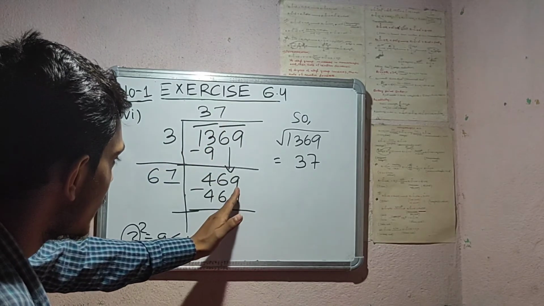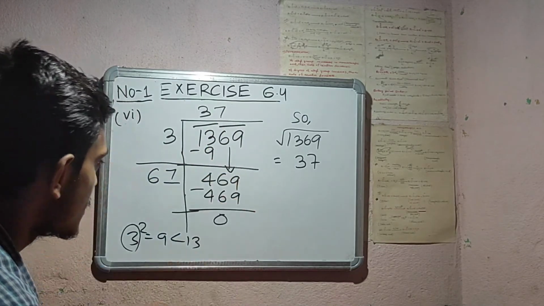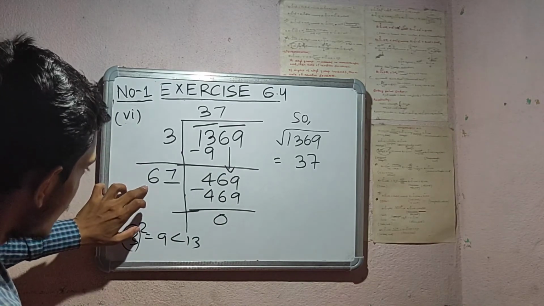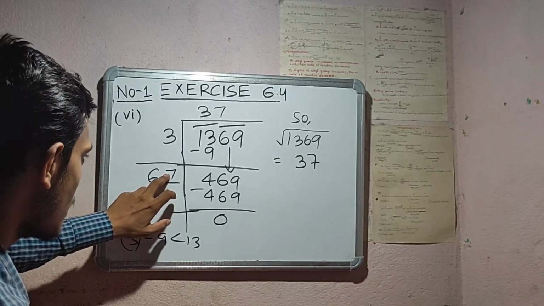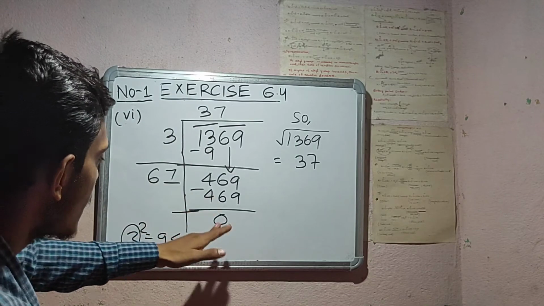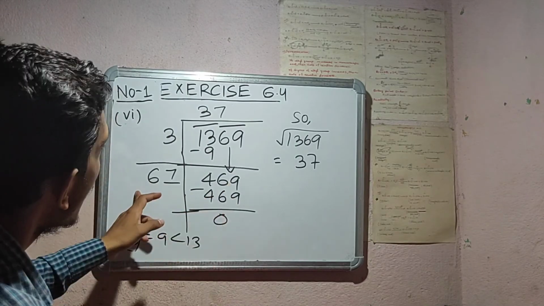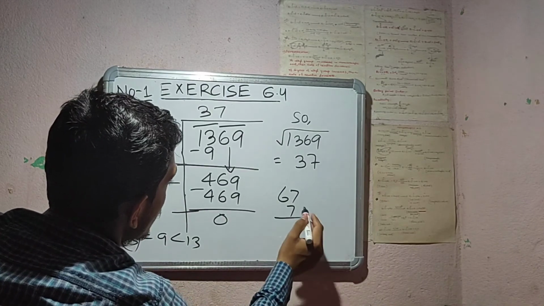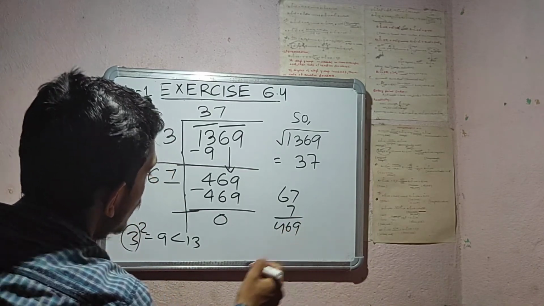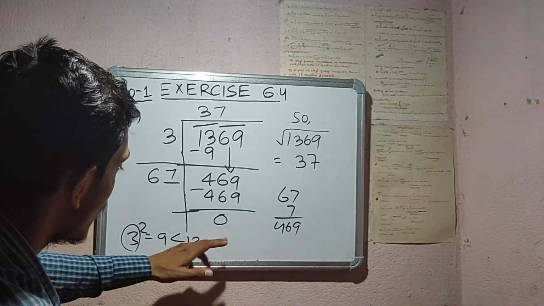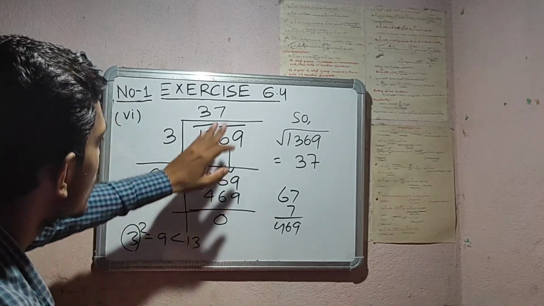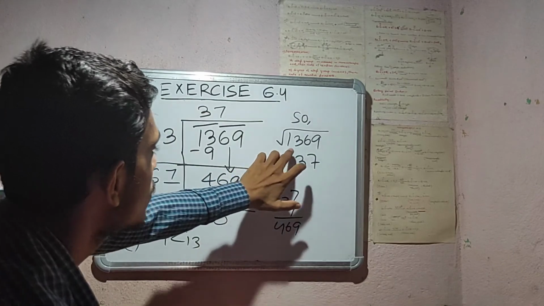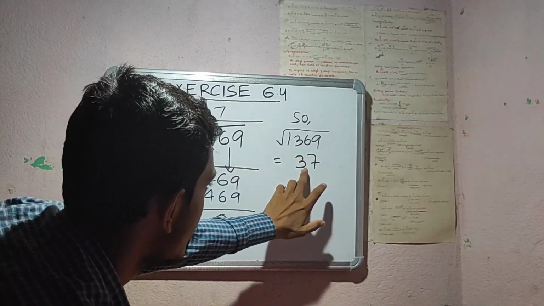Then bringing down the 69, my new dividend is 469, and I double the divisor, that is 6, and put such a number that the multiplication is either less than or equal to this number. So I got the multiplication as 67 multiplied by 7, that is 469. So the remainder will be 0, and after getting the remainder as 0, my quotient will be my answer, that is 37. So the square root of 1369 is 37.